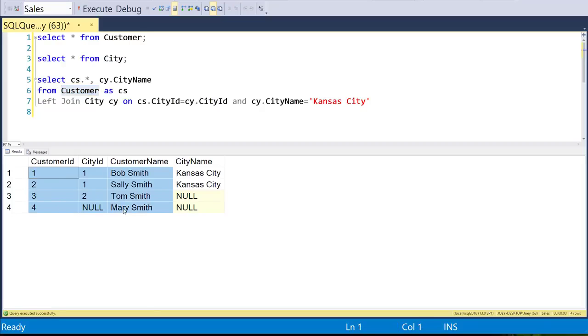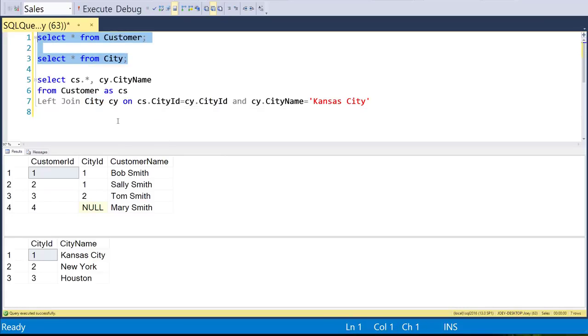Here's all 4 customer records, right? But we only joined on 2 of the city names. When you put the city filter up here in the on clause, you will actually filter down the city table to only Kansas City. So let's go back here and talk about what this did.